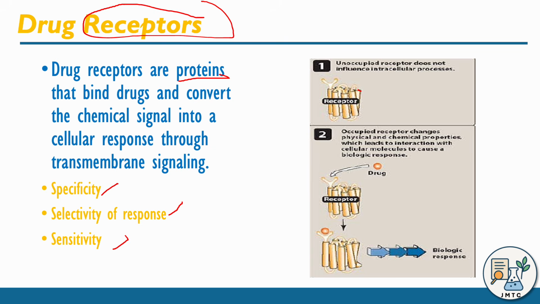So, meron tayong ganitong receptor and magbabind lang yung ating drug in this receptor. Yung drug natin, magbabind lang sa receptor natin and then magpaproduce na siya ng biological response.